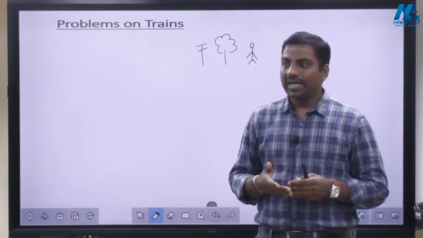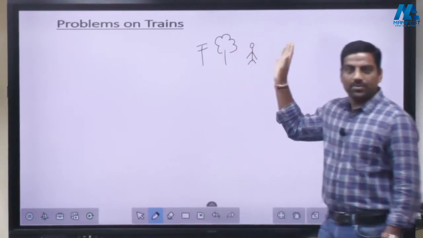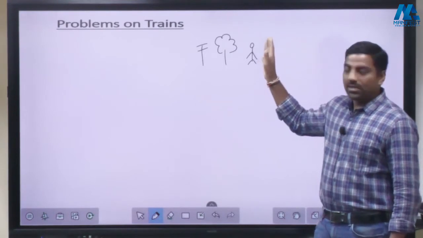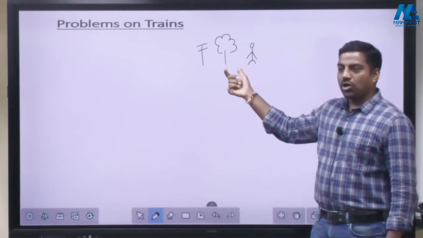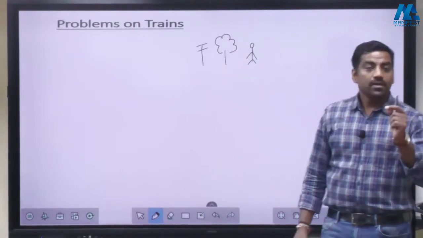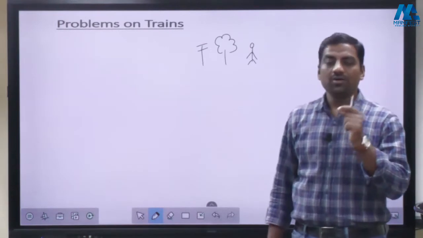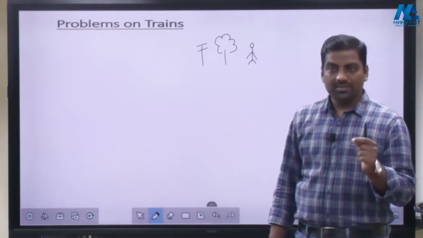All these objects are stationary. Sometimes a man can move, okay? These stationary objects don't have significant width, but the train has significant length.